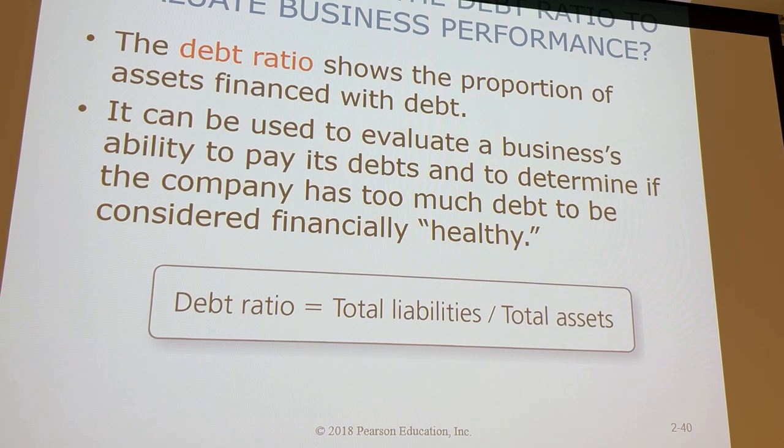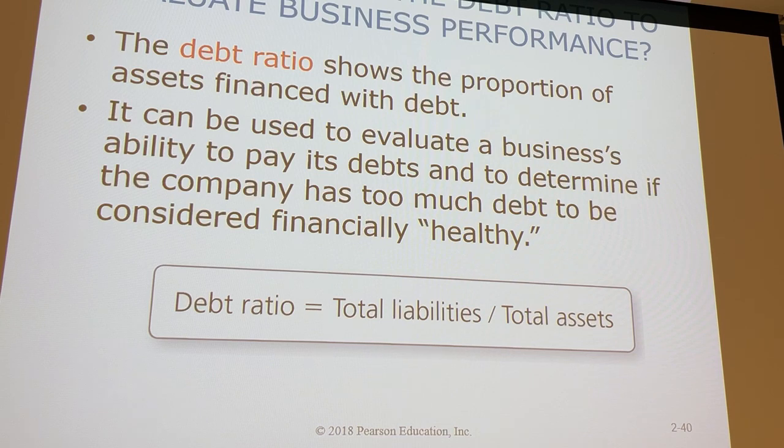You don't want the debt ratio to be too high, and what's considered acceptable really varies by industry. So if it were an electric utility company, it'd probably be acceptable to have a 60% debt ratio. If it were a construction company, you probably wouldn't want it to be over 30%.